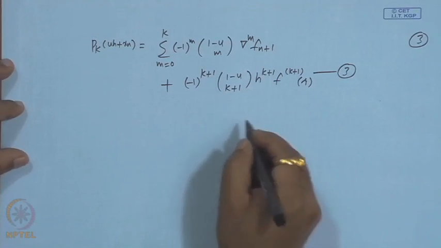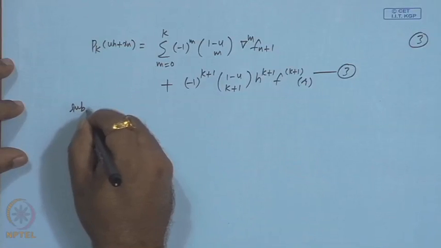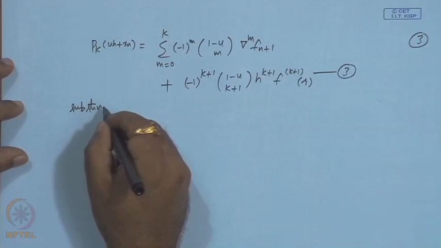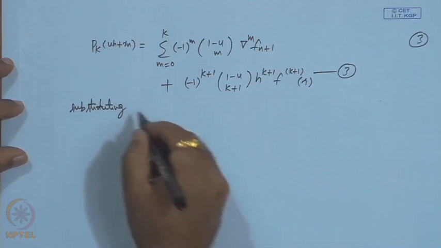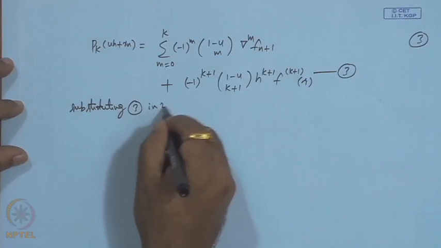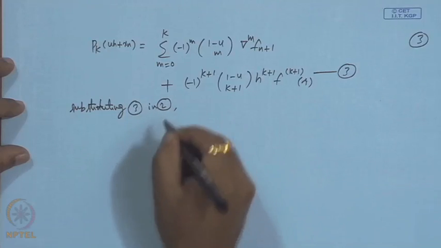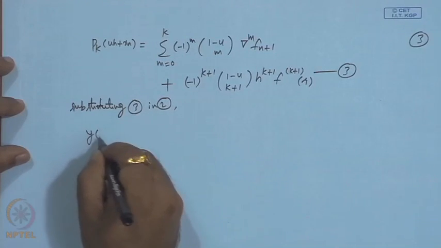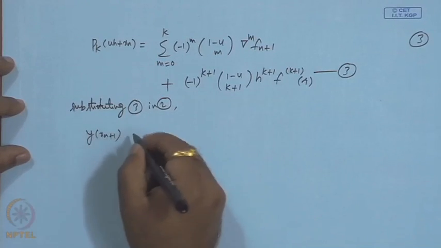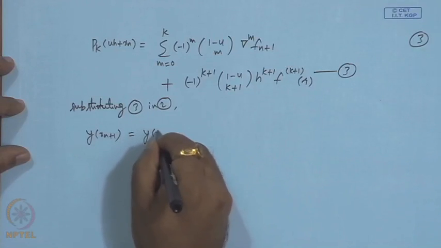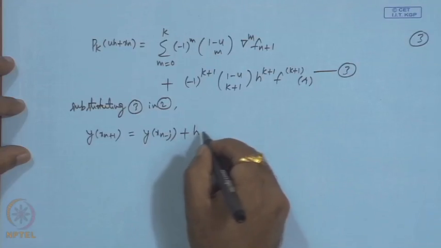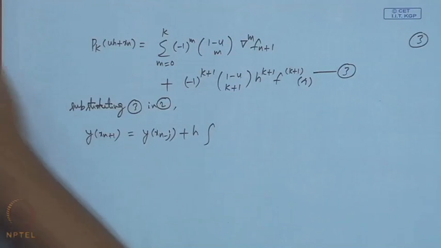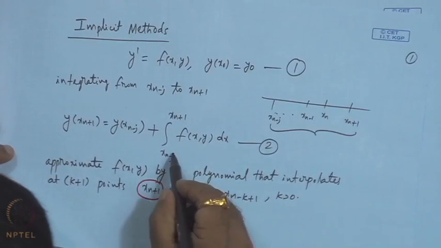Now, as before, substituting 3 in 2, we get y of x n minus j. Look, the transformation, so here x n minus j.